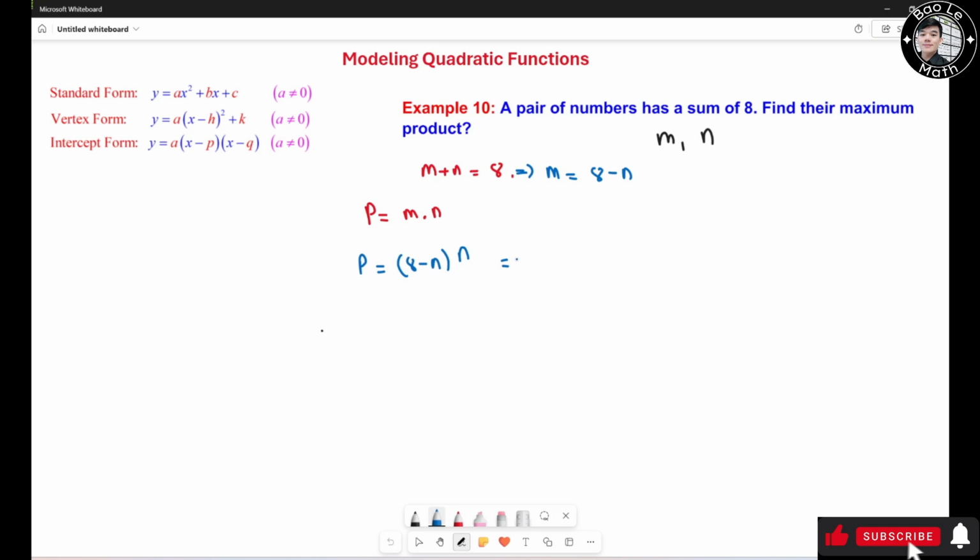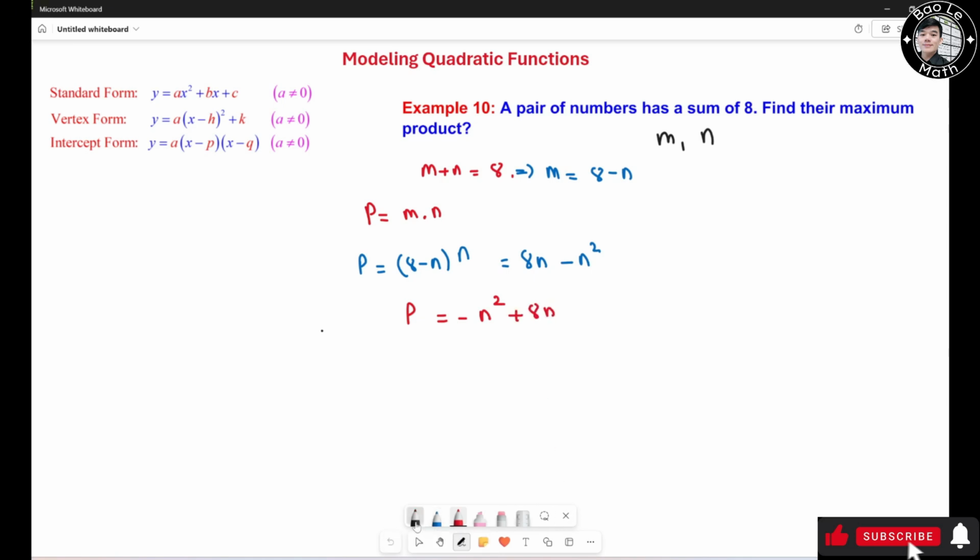So it's going to be 8n minus n squared after you distribute. So you just rewrite this one in standard form. So it's going to be p equals negative n squared plus 8n, right?